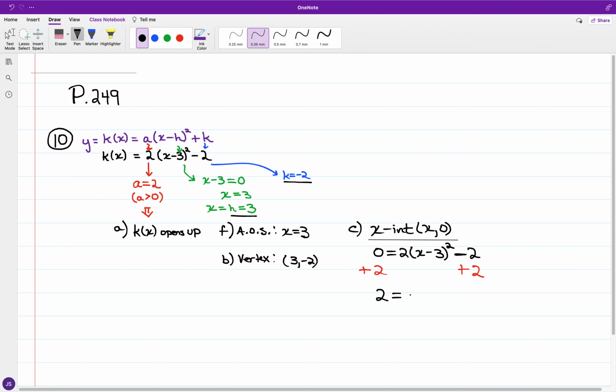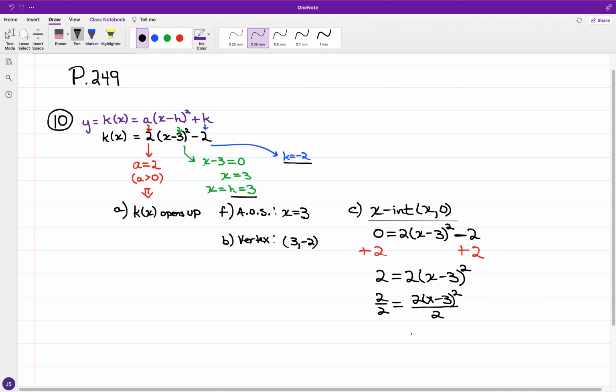So I have 2 is equal to 2 times the square of x minus 3, and if I divide the whole equation by 2 just to get the right-hand side solely in terms of the square of x minus 3, this will come down to 1 is equal to the square of x minus 3.